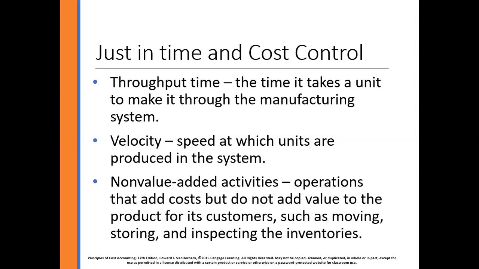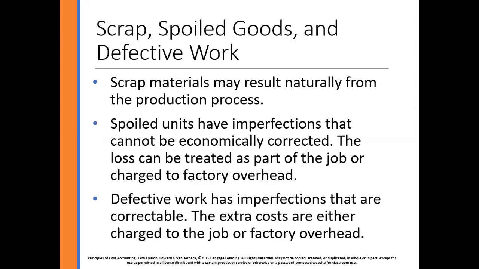Just-in-time manufacturing increases the velocity, or the speed at which units are produced in the system. And it helps to reduce the non-value added activities, such as moving materials around, storing materials, inspecting inventories, things like that.